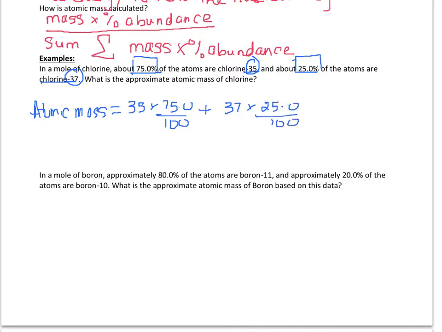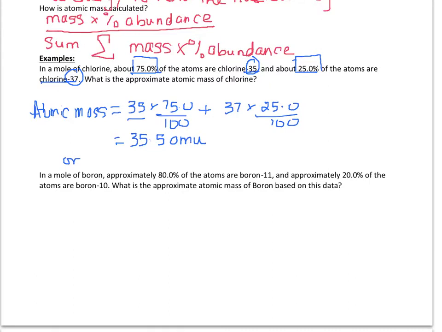Now, before you do any calculation, think about it logically. 75% of the mass is made up of chlorine 35, and 25 is made up of chlorine 37. So that means we should expect our mass to be closer to 35 than to 37. And when we work this out, we get 35.5, and the unit will be AMU.